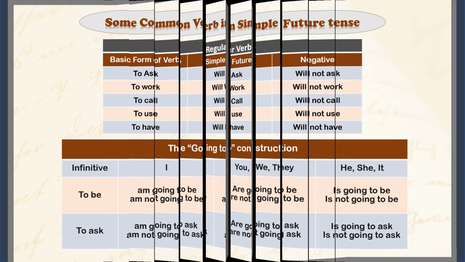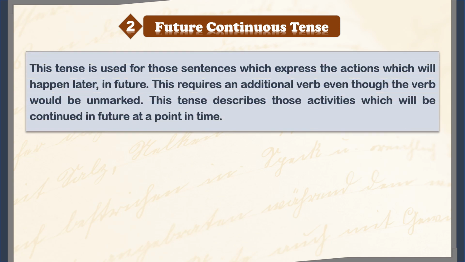The second aspect of future tense is future continuous tense. This tense is used for those sentences which express the actions which will happen later in future. This requires an additional verb even though the verb would be unmarked. This tense describes those activities which will be continued in future at a point in time.